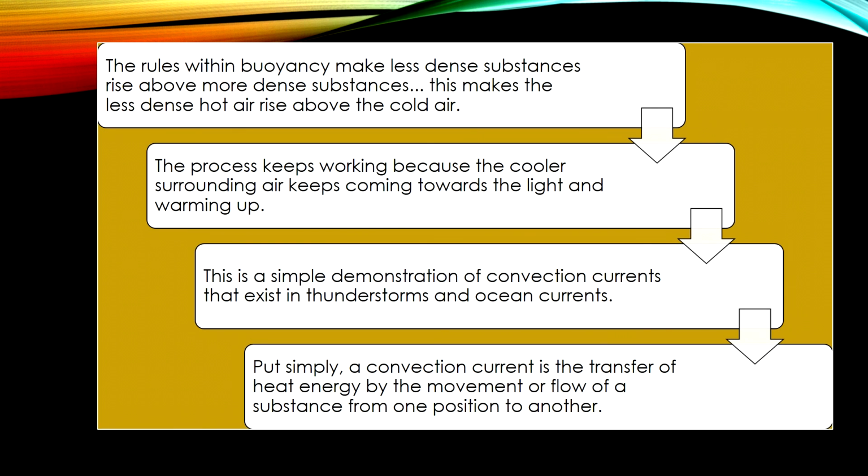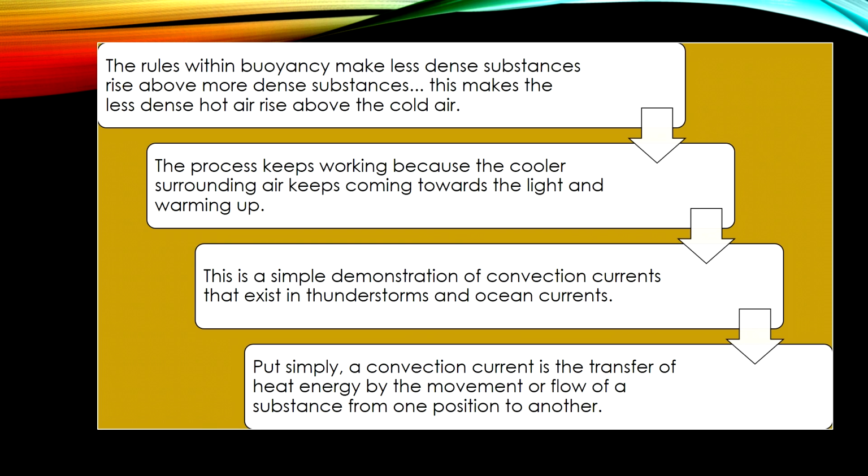The rules within buoyancy make less dense substances rise above more dense substances. This makes the less dense hot air rise above the cool air. The process keeps working because the cooler surrounding air keeps coming towards the light and warming up.